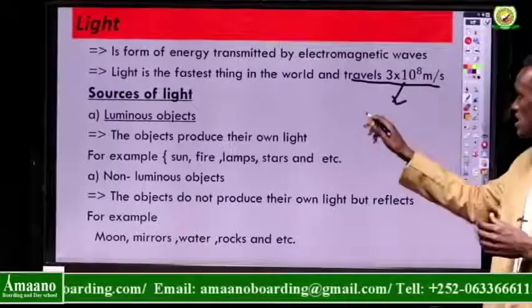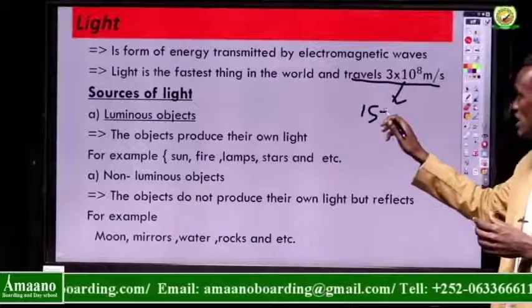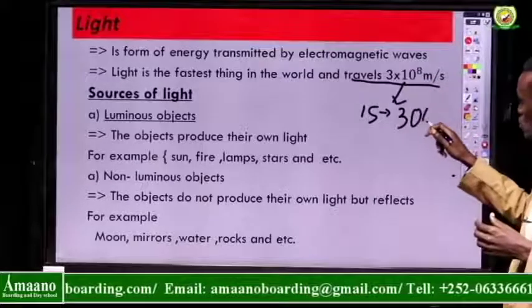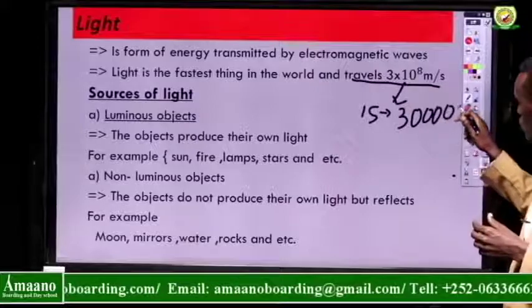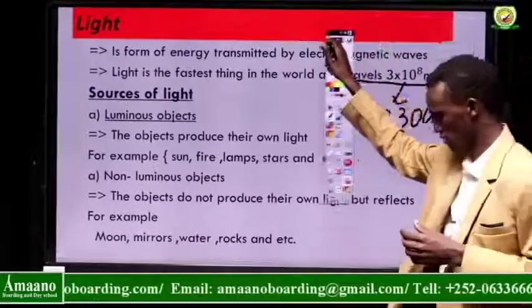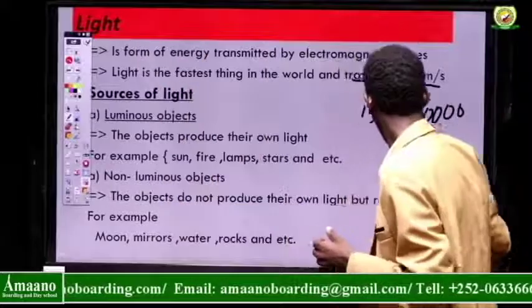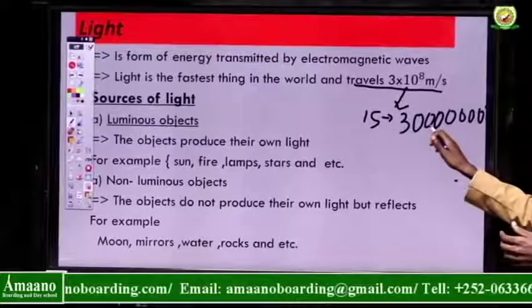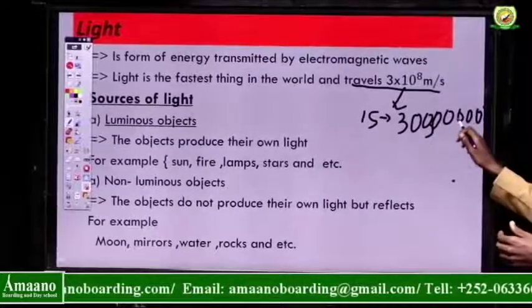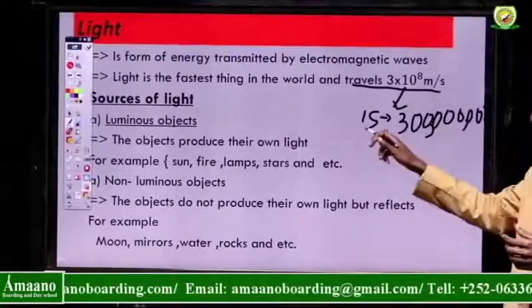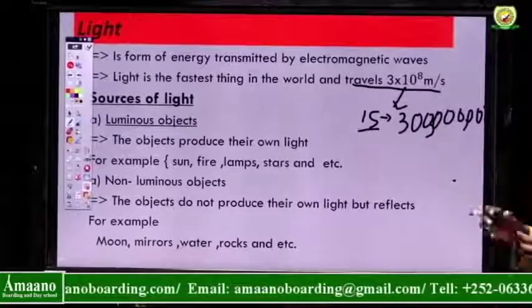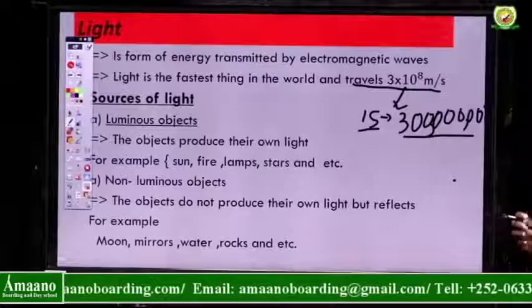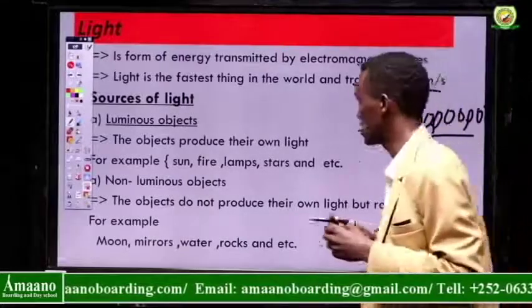So this means light travels in 1 second 1, 2, 3, 4, 5, 6, 7, 8. Okay. So this means light travels 300 million meters in 1 second.